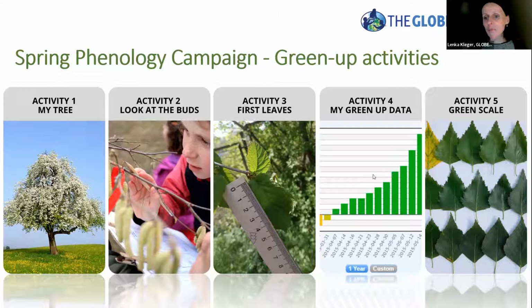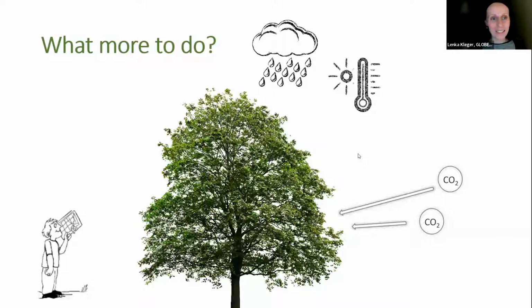And then the important part of working with data: entering the data into the GLOBE database and sharing it with other schools and also with scientists. We also have one final activity that is more about arts, more about going out and just playing with the leaves or doing some art pieces.